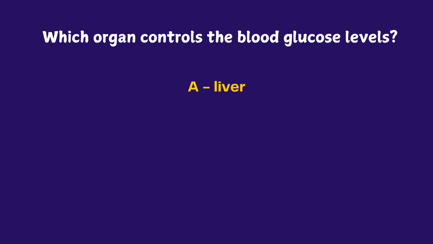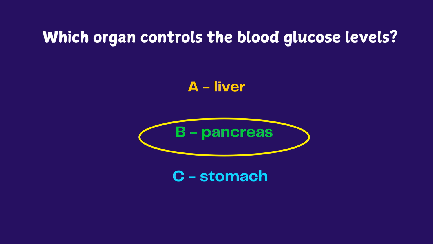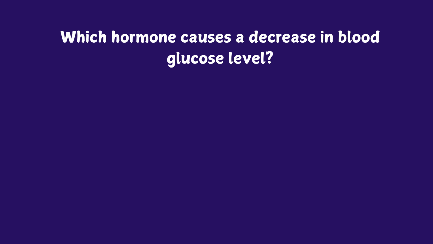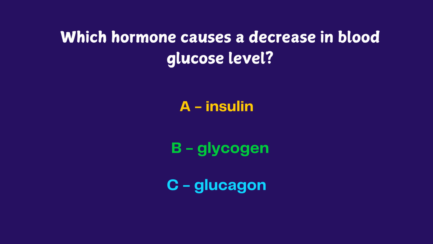Is it A, the liver, B, pancreas, C, stomach? Answer is pancreas. Which hormone causes a decrease in blood glucose level? Is it A, insulin, B, glycogen, C, glucagon?